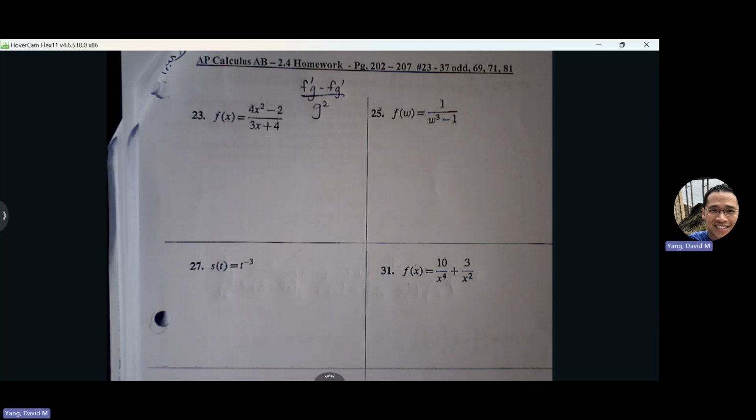And this one, I am going to ask that we clean up. When you clean up, you're just cleaning up the numerator. Leave the denominator alone.